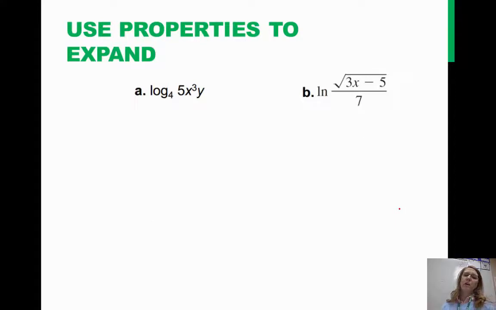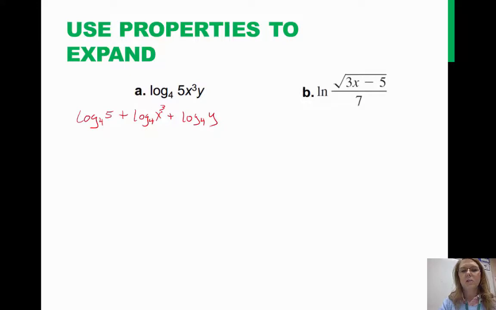So let's use those properties that we just learned about to expand this. We're in log base 4, and we're going to keep it in log base 4. But notice that we have 5 times x to the third times y. So the first thing we can do is say log base 4 of 5, and just add these because they're being multiplied: log base 4 of x to the third, and then log base 4 of y.